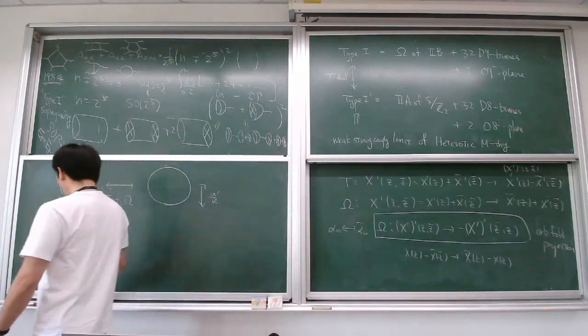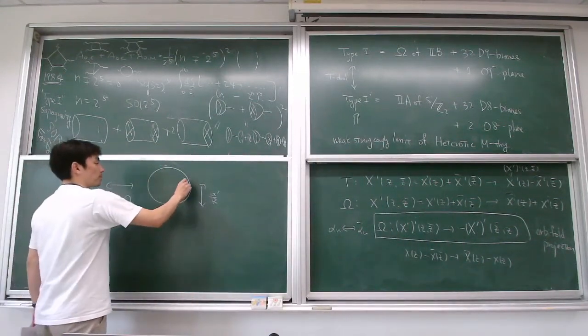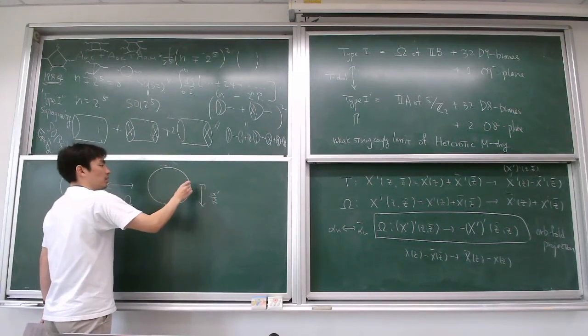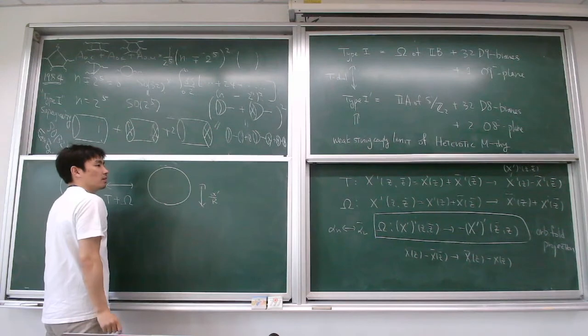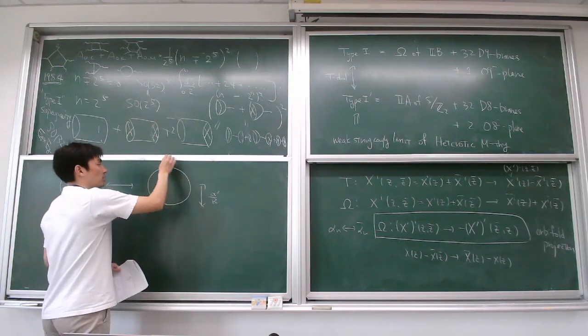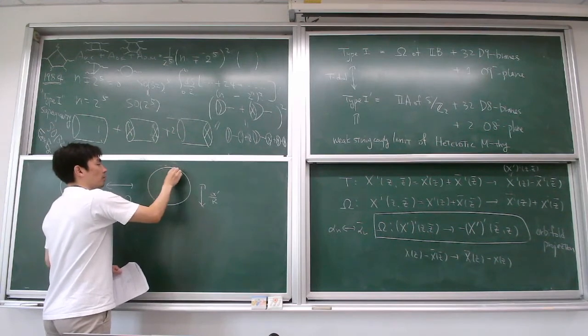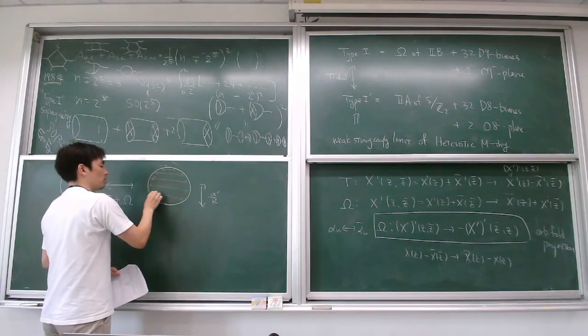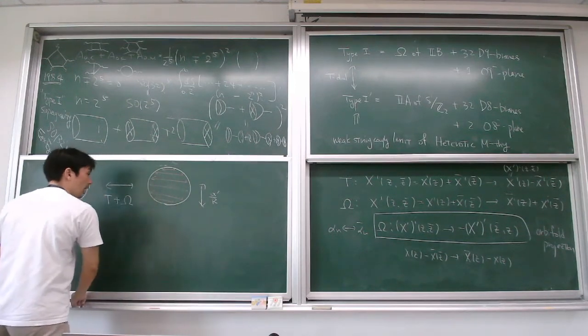This will give you the identification with a minus sign. You just identify opposite points and project them out.